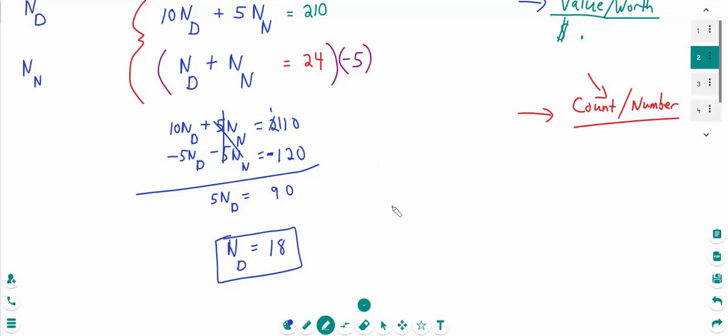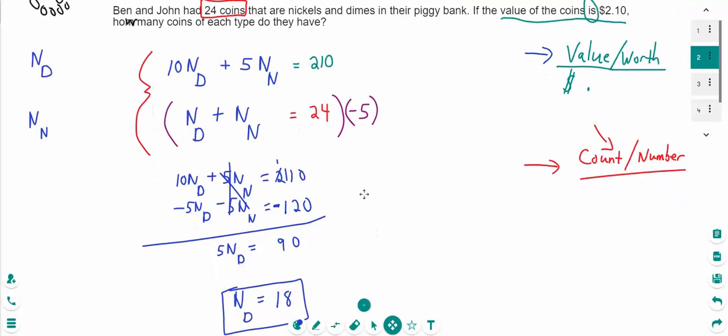Okay? Now, just like we've done before with our other substitution problems, we still have to go back and figure out the number of nickels. So we'll plug that number of dimes into the second equation, and we'll write it as 18 instead of n sub d, plus n sub n equals 24, and this will tell us how many n sub n there are.